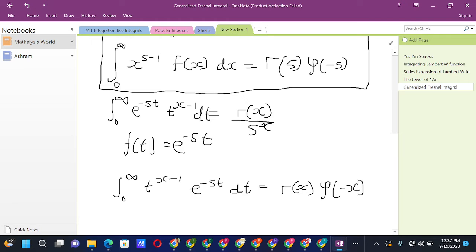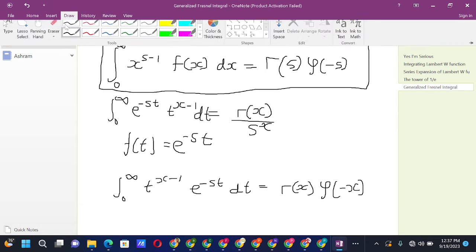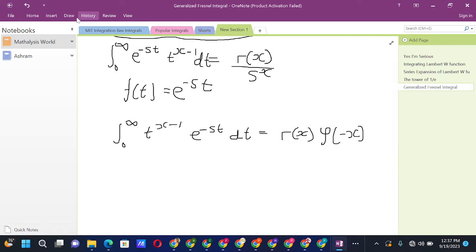But what is this function phi? To know the function phi, we need to go into this f of t, which is e to the power minus st.